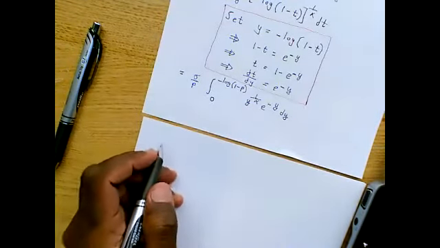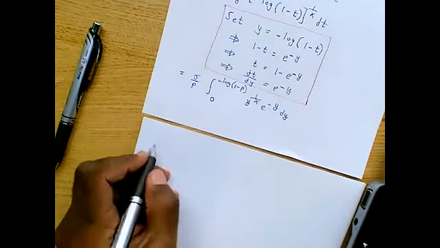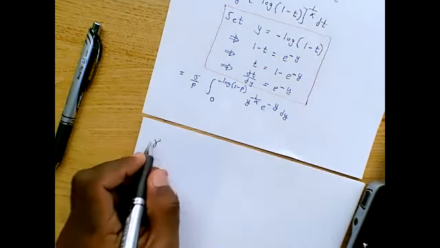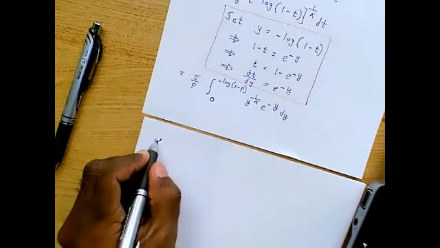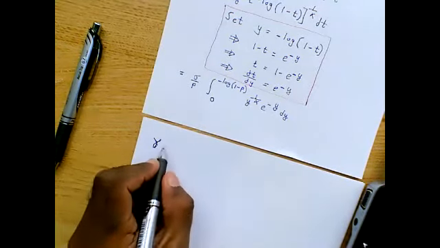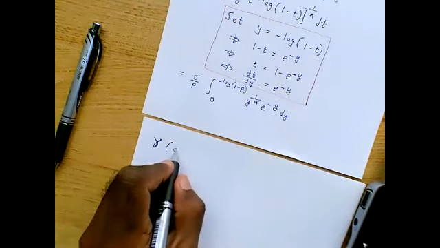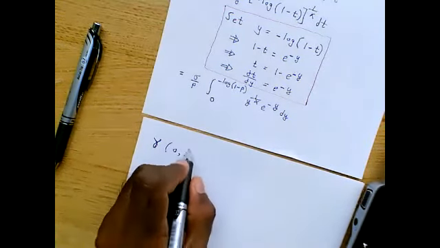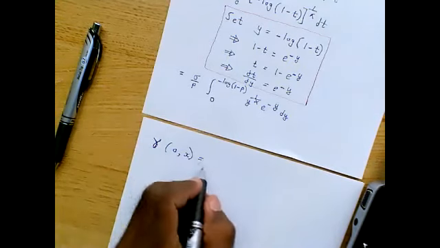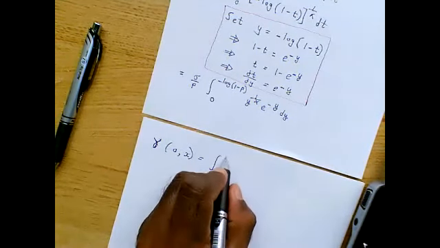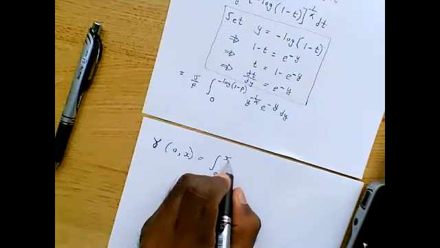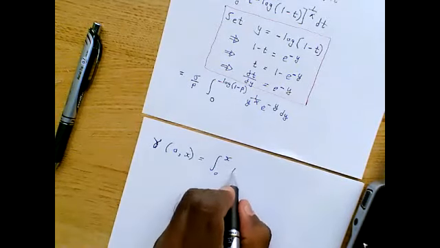The notation is this. It uses the little gamma, not the capital gamma, with two arguments, a and x, and is defined as the integral from 0 to x, where x is a fixed number.